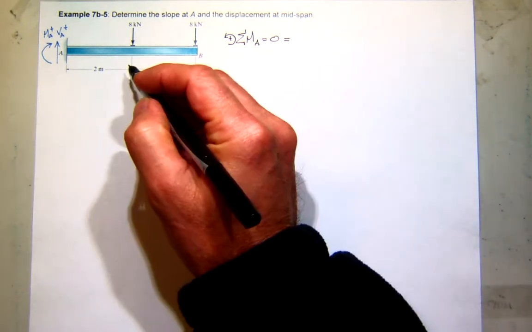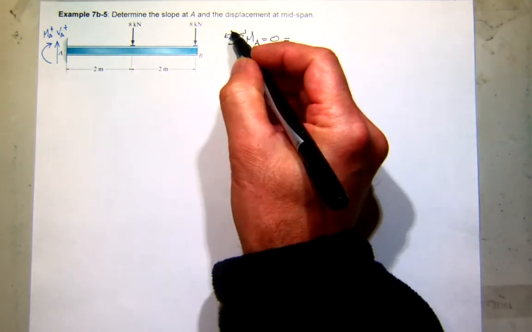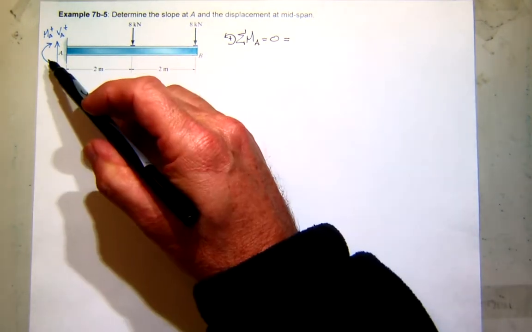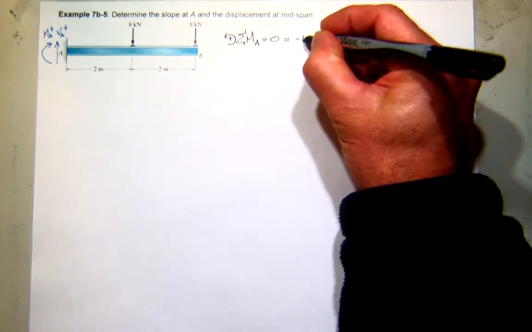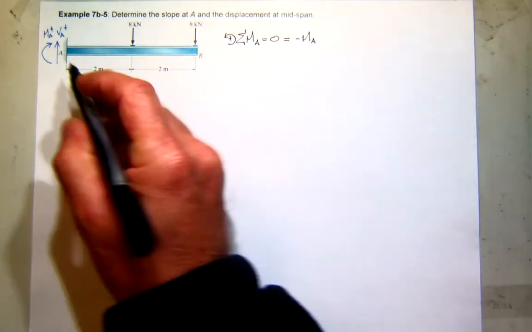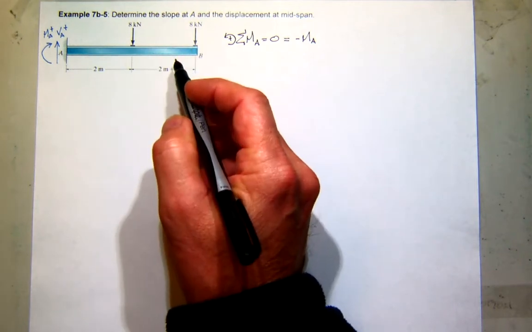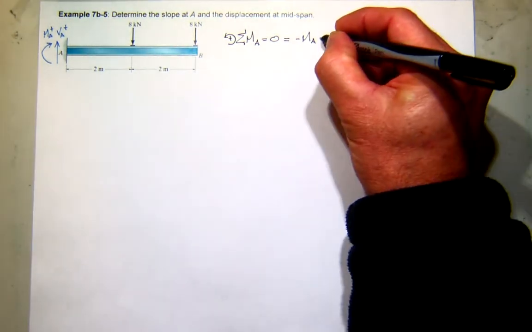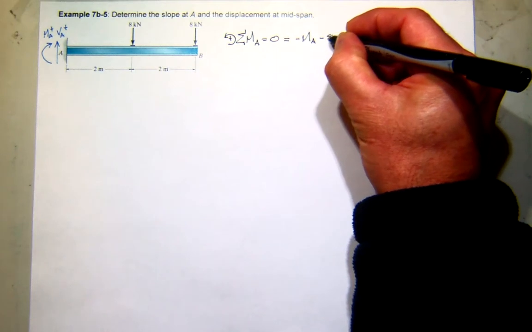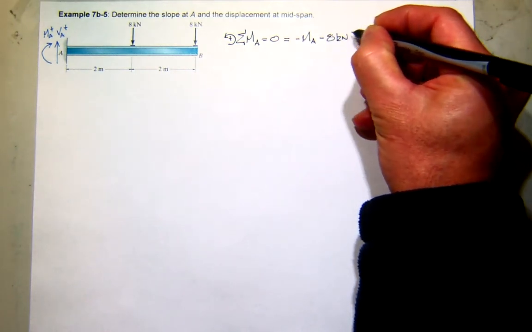So summing moments about A with right-hand rules, my sign convention for my statics, what kind of moment is this, positive or negative? It is negative. And about A, these two 8 kilonewton forces, what kind of moment do they create? Negative. I'm just going to stick them together. There's a force of 8 kilonewtons.